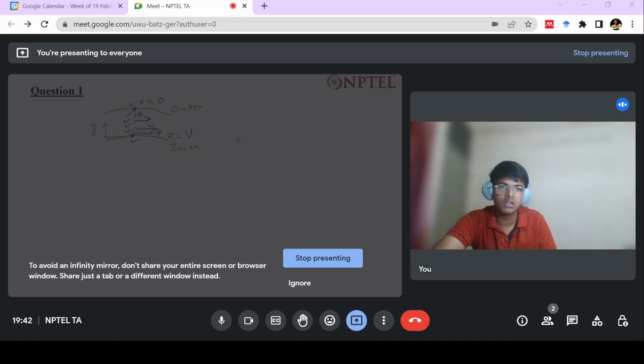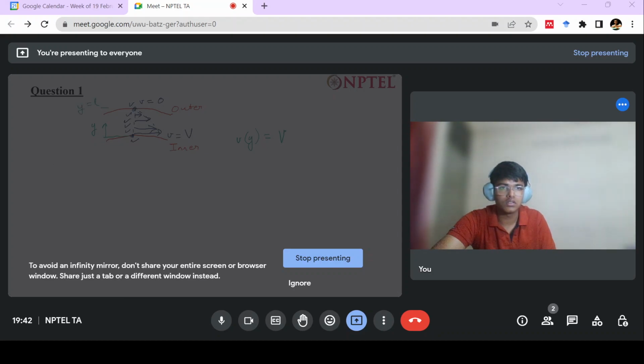So this v, which is a function of y, is v when y is 0, and when y is equal to the gap L, it is 0.